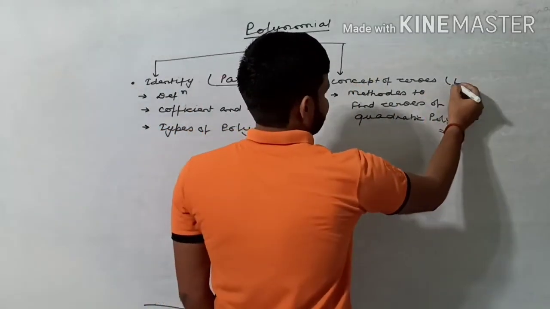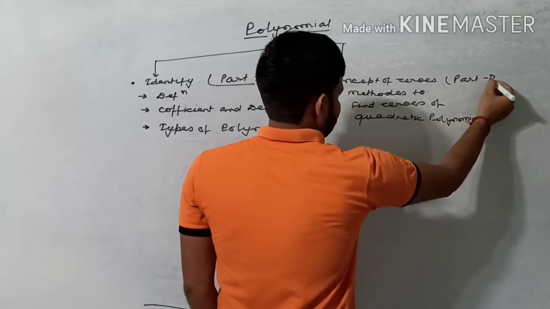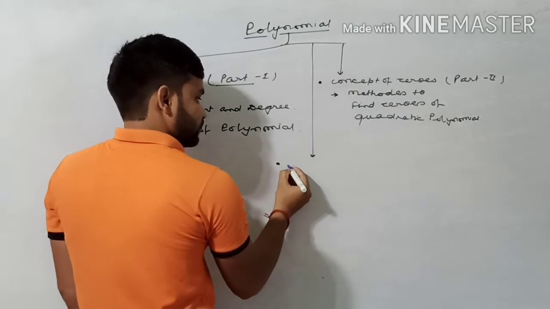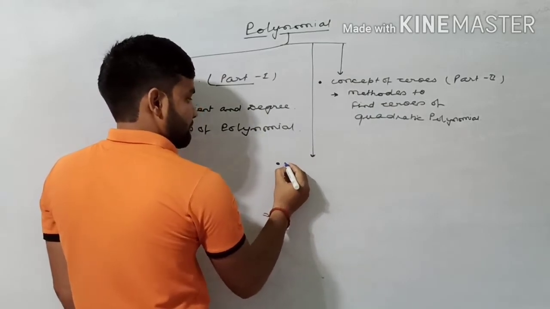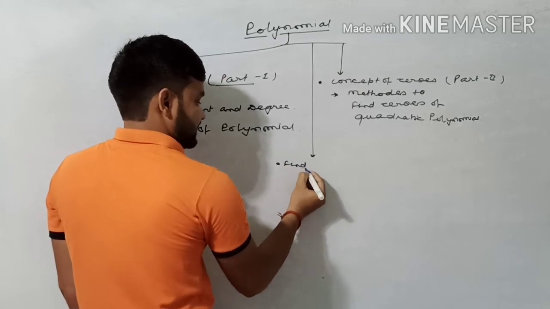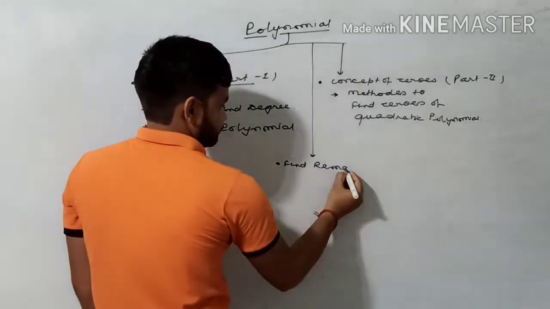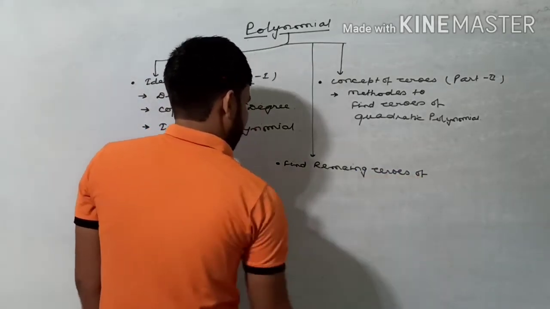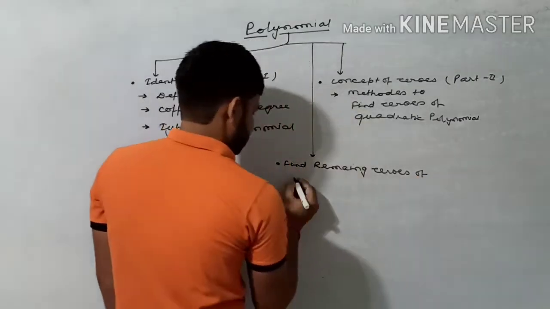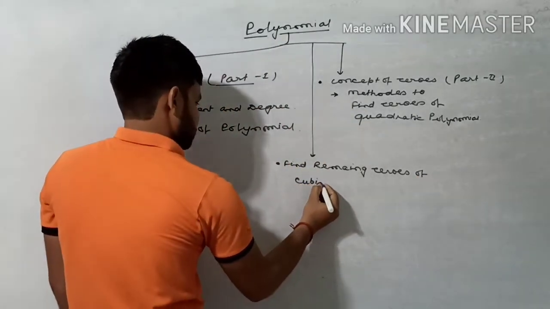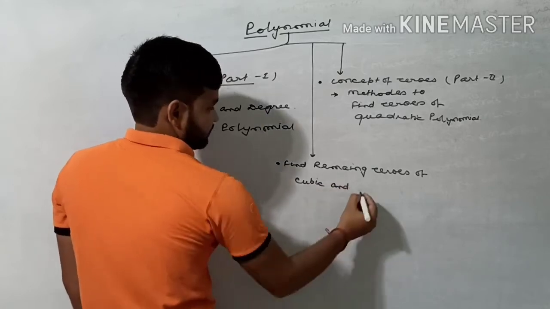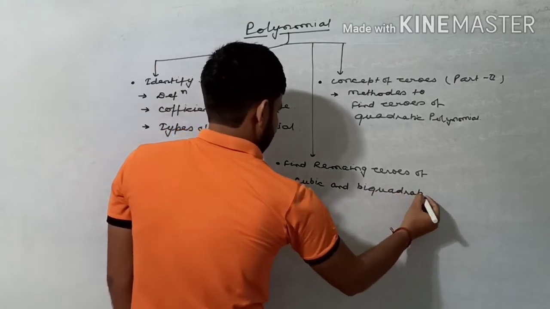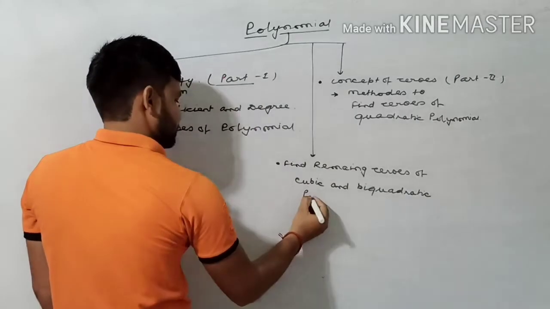After that, part 2, in which we discuss those topics, and finally the last topic, that means zeros: find the remaining zeros of cubic and biquadratic polynomials.